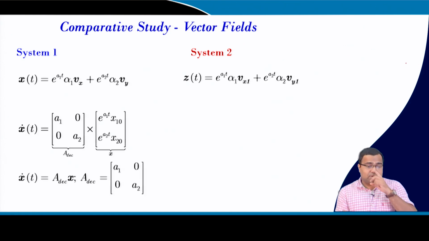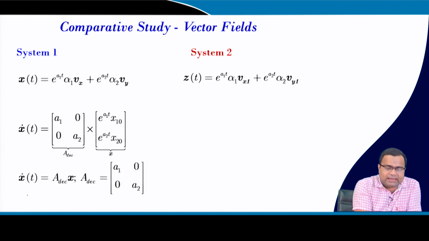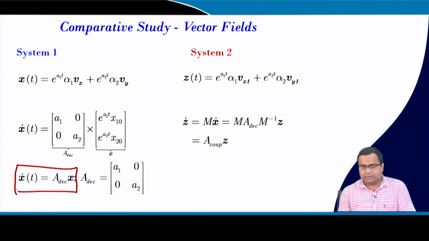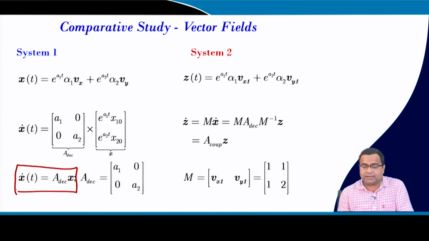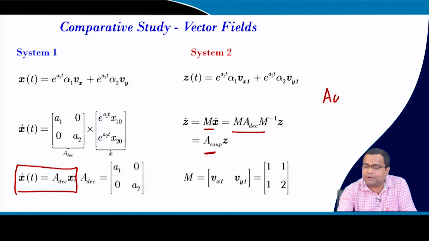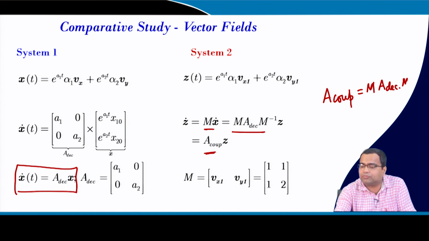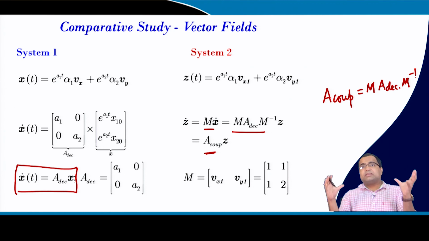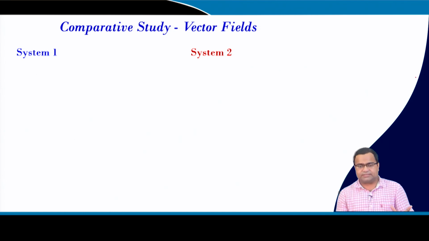Then if we obtain x dot of t, it is the representation of the autonomous system for system 1, and if you obtain z dot of t, you will get a coupled system because of the transformation. So, your coupled system here is nothing but M times the decoupled system times M inverse. So, this image transformation has changed the system matrix, okay.